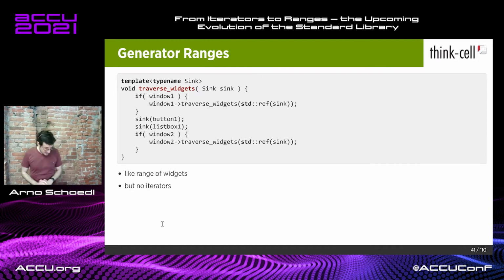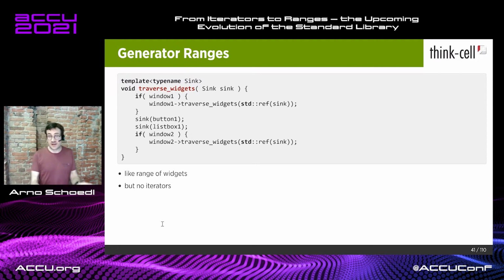All right, let's go one step further. So far we talked about ranges with iterators, and it may seem very natural, but you may have cases like this one where you traverse a data structure, like you traverse widgets, and the list of widgets that you are actually traversing is not in any container in a linear way, but it's some sort of structured thing where you have to walk through and enumerate your elements.